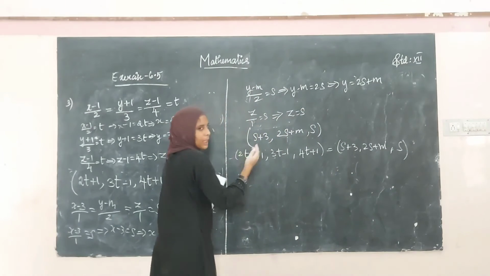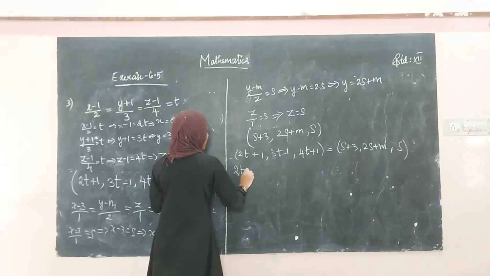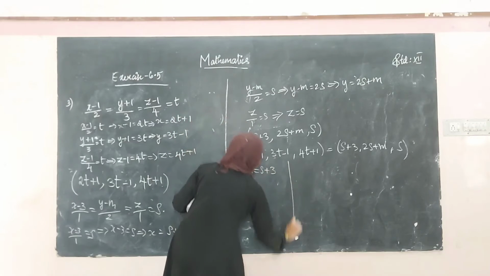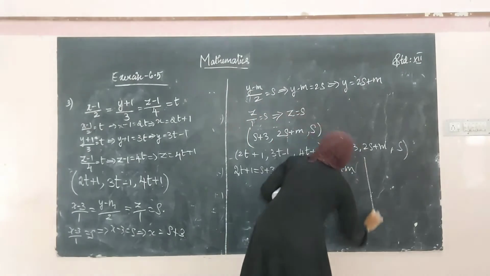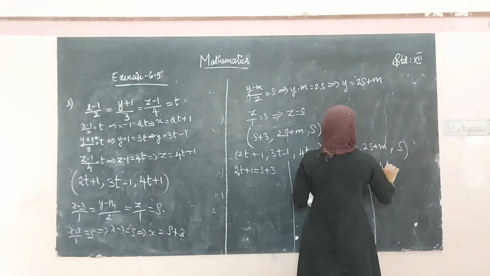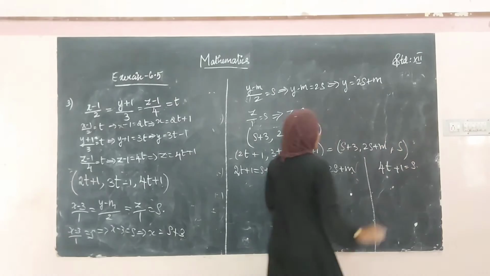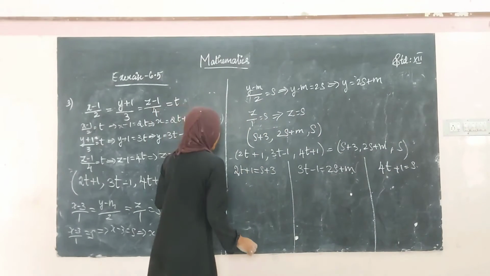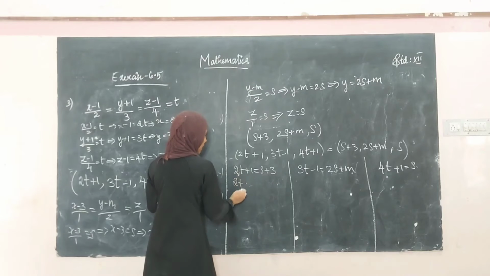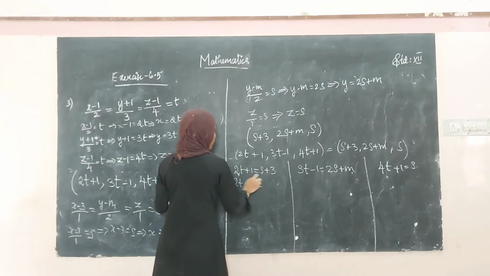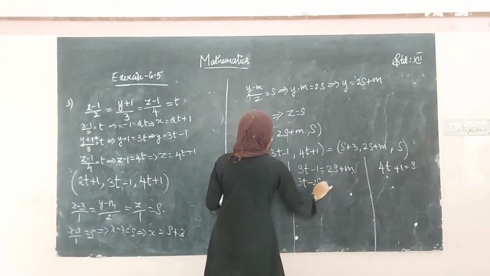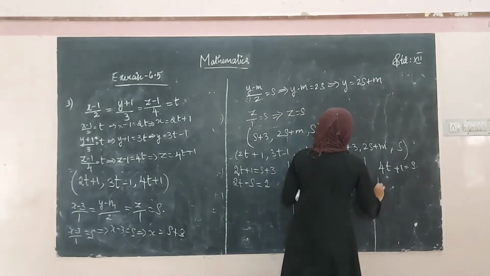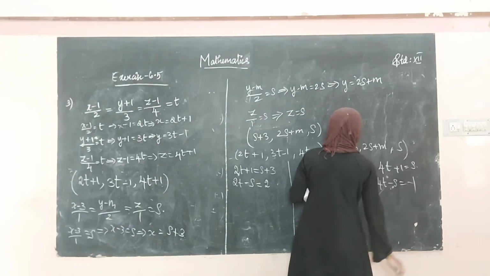Okay, so equate the first term, second term and third term. 2t plus 1 equal to s plus 3, and then 3t minus 1 is equal to 2s plus m, and then 4t plus 1 equal to s. Okay, so in the first, bring this s to this side, it becomes 2t minus s equal to 3 minus 1, so that is 2. Then here, 3t minus 2s equal to m plus 1. And here it is 4t minus s is equal to minus 1.